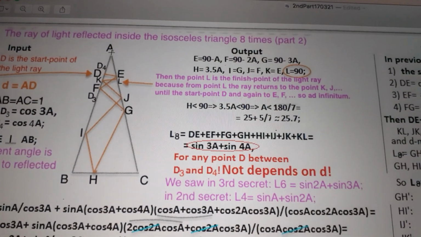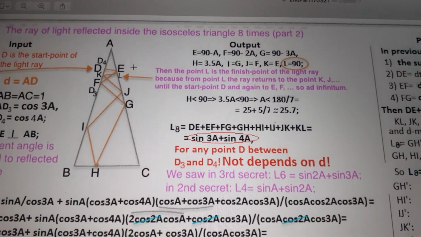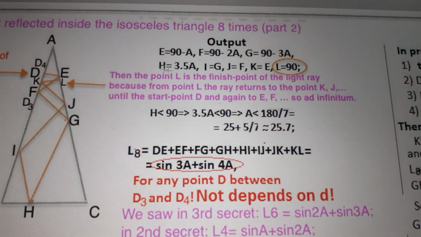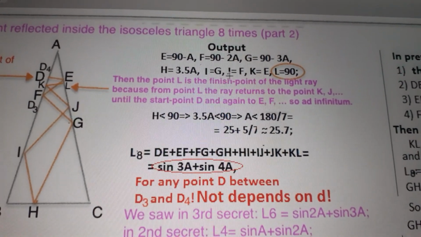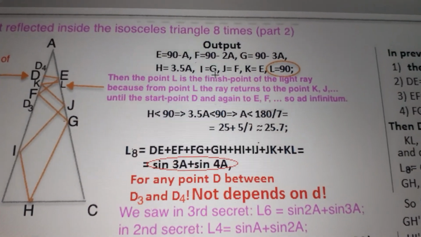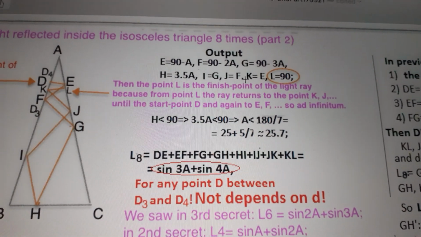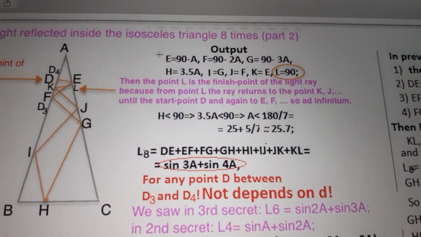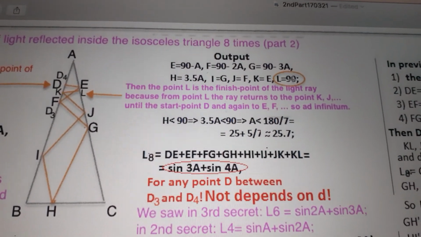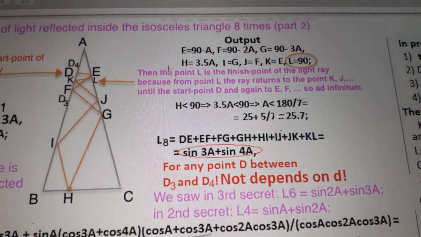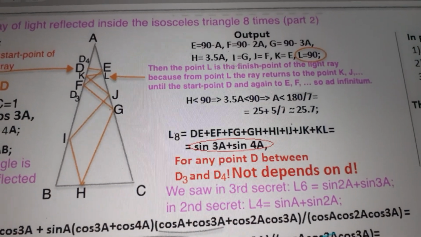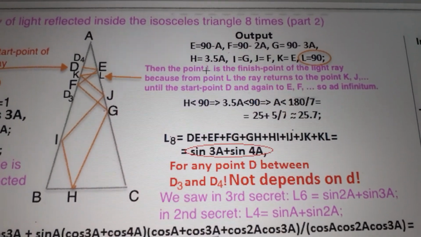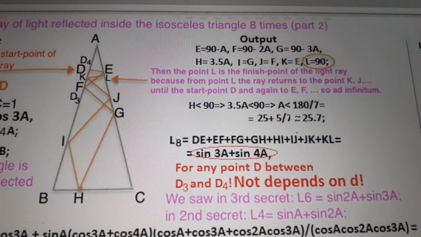And then angles E, F, G, H, I, J, J, F, K, and E and L. Here we computed them, and we get angle L is equal to 90 degrees.